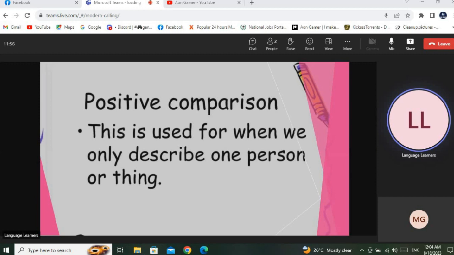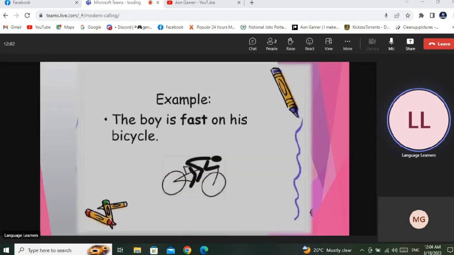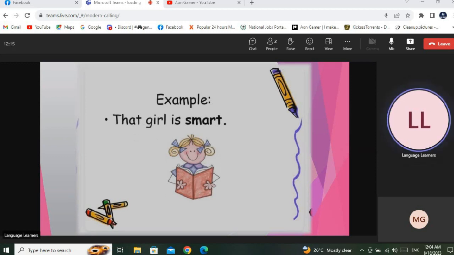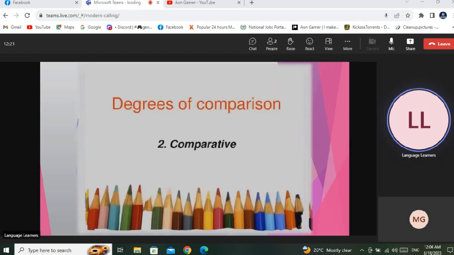Another example: the boy is fast on his bicycle. The boy is a noun and fast is an adjective. The girl is smart. The radio was loud. It is an activity if you want to do.